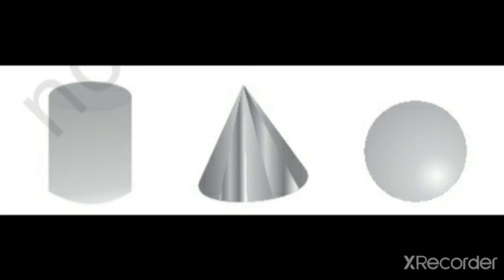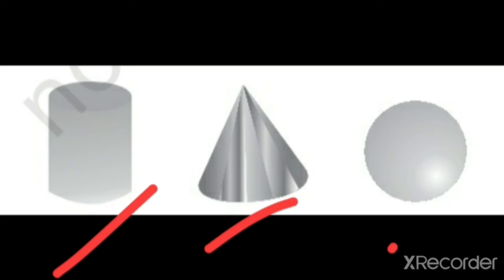After the pyramid, let's learn about some other shapes. The cylinder, the cone and the sphere have no straight edges. What is the base of a cone? Circle.